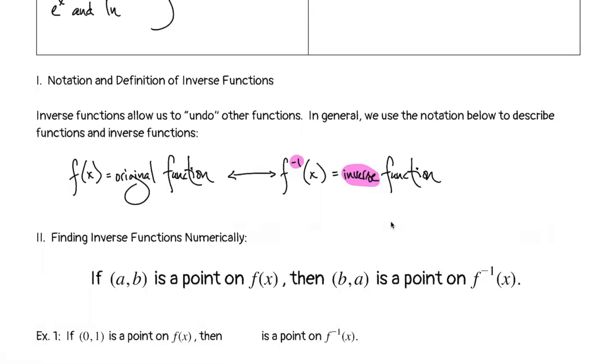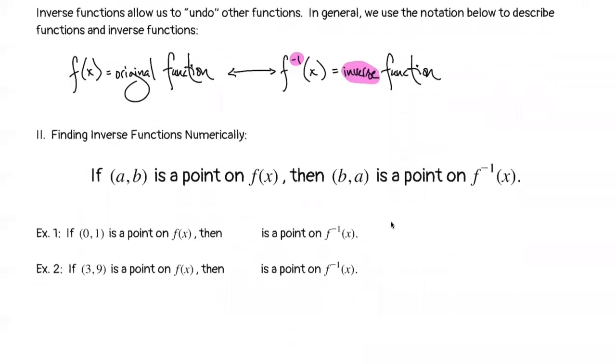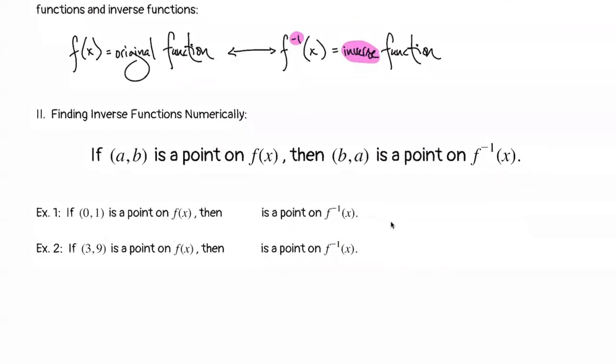Okay. All right, with that being said, let's take a look at finding inverses with numbers or numerically, okay? So let's read through this sentence right here. If A, B is a point on f of x, then B, A is a point on f minus 1 of x, all right? Now let's read that again, but maybe let's color code a little bit.